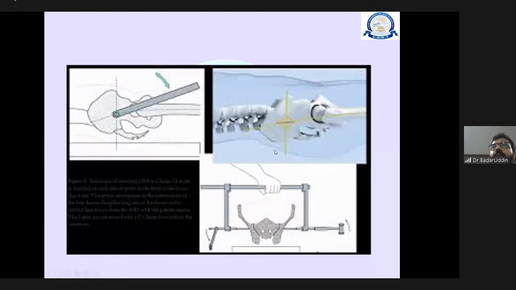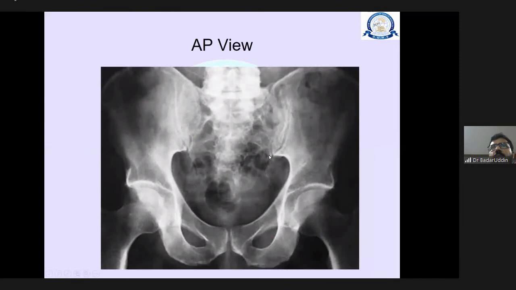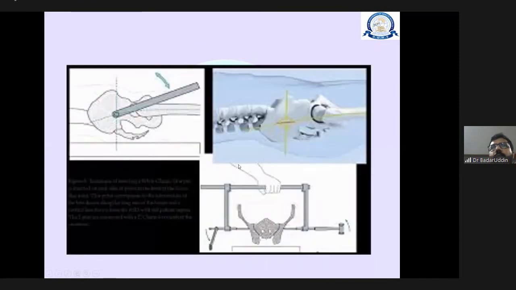So one method is resuscitation, number 2 is binder, number 3 is fixator. Number 4, if the patient doesn't respond, see, this is another fixator anteriorly with some screws placed posteriorly. Here posteriorly this fixator was applied.